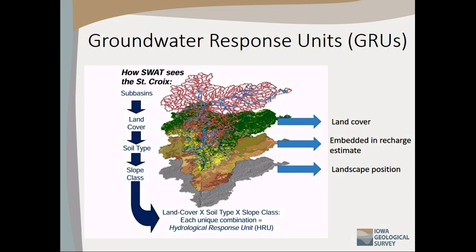Then we need to estimate how much groundwater recharge occurs. You combine all those together, and we have something about the water flux into a groundwater area. We add up all those water fluxes in the groundwater, and they would be equivalent to base flow in the watershed.